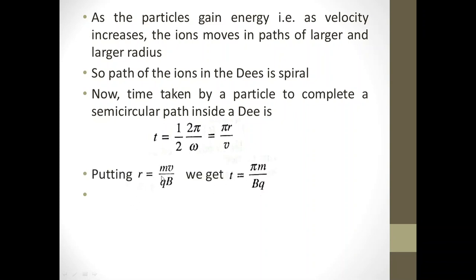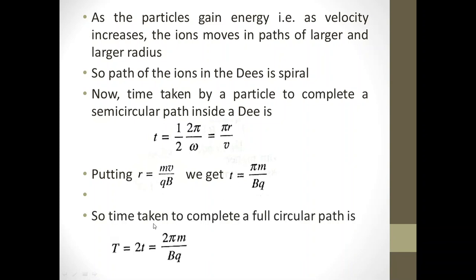Putting r equal to mv by qB, which we found earlier, we get T equal to pi m by Bq, where T is the time taken by the particle to go round the semicircular path. The time taken to complete a full circular path will be twice T, that is twice pi m by Bq.